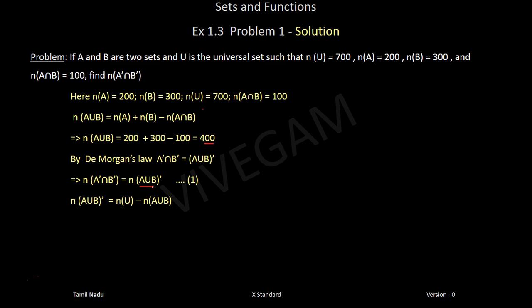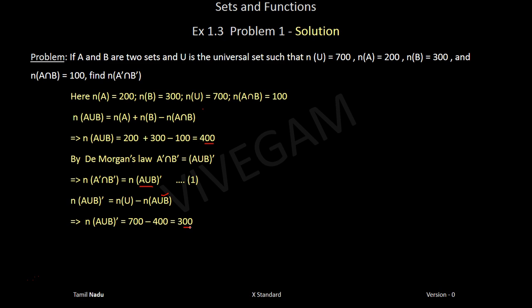Now, how do we calculate n of A union B whole complement? That is n of U minus n of A union B. Do we know this? Yes, we know. We calculated it here. N of U is given in the problem, that is 700. So substituting that, we get n of A union B the whole complement as 700 minus 400, that is 300. Right?